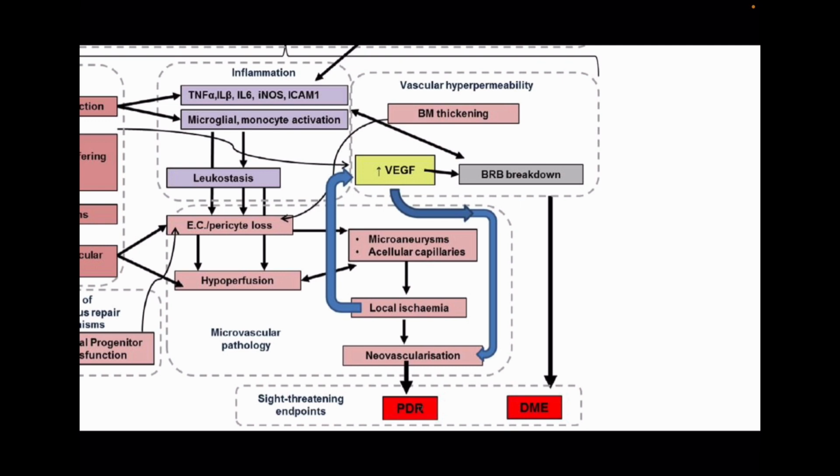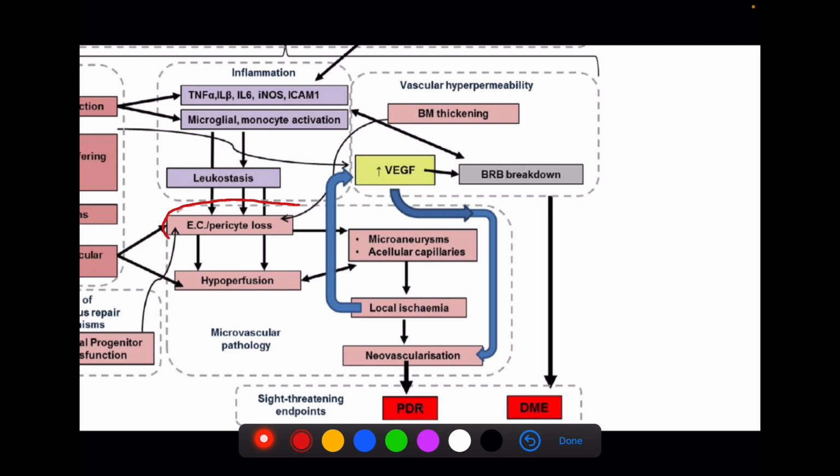This leads to endothelial cell and pericyte cell loss. So this results in the formation of microaneurysms and acellular capillaries, and the formation of acellular capillaries leads to ischemia.